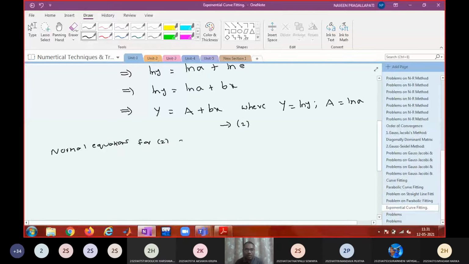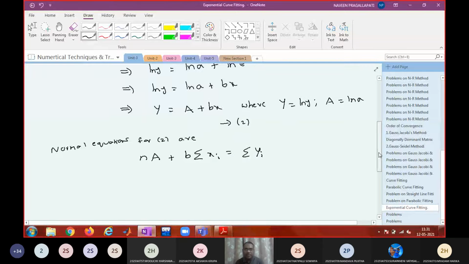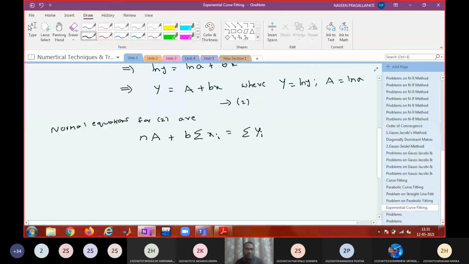Can you tell me what the normal equations are? n into a naught, and in this case a naught is capital A, plus b into sigma xi, is equal to sigma Yi. And the next one: A into sigma xi plus b into sigma xi square equal to sigma xi into capital Yi.